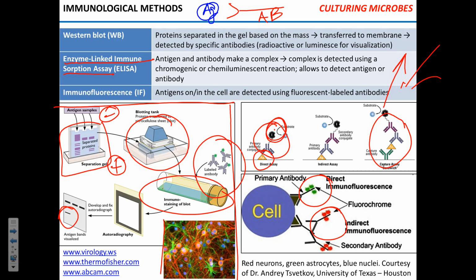Like here, that's the courtesy of my good friend from Houston. So red ones are neurons, green ones are astrocytes, and blue ones are nuclei. So you can see 3 different structures on the same image at the same time. I think it's awesome. You can diagnose like 2 or 3 different microbes in the same sample. It's pretty neat.